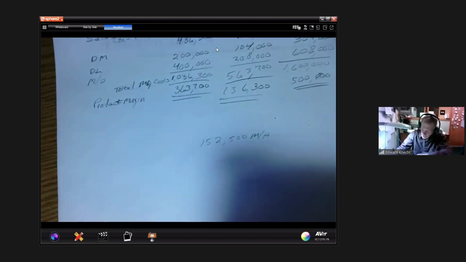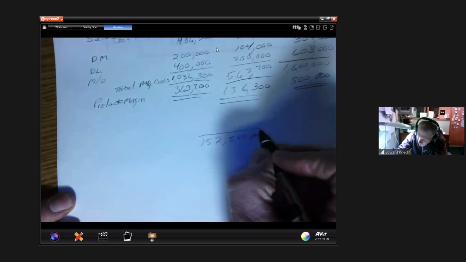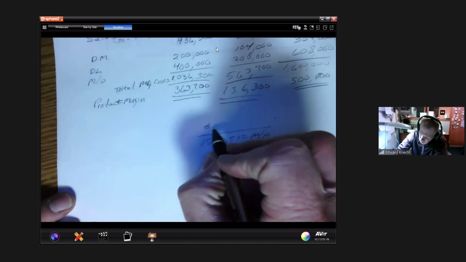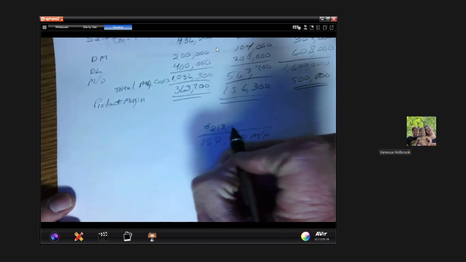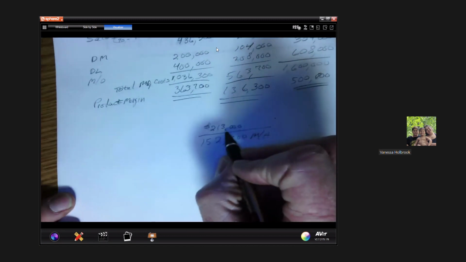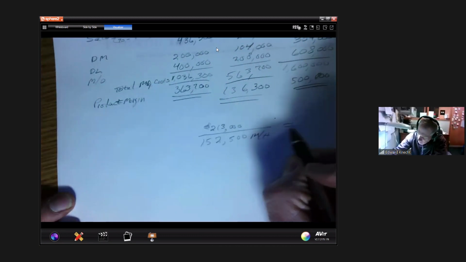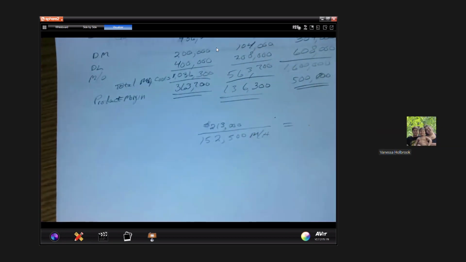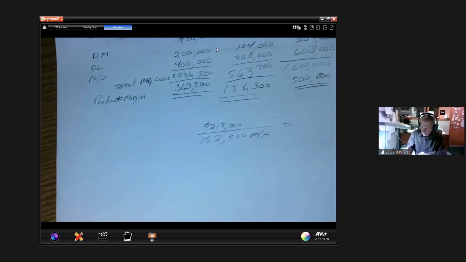And we're going to take the total cost for machining, which is 213,000. So my activity rate, if I divide, there's my calculator. It was hiding underneath the page.